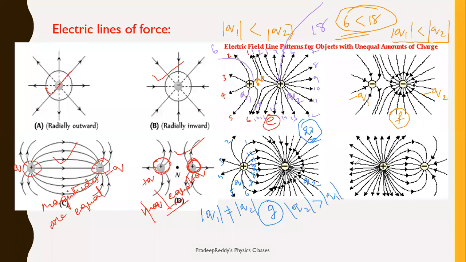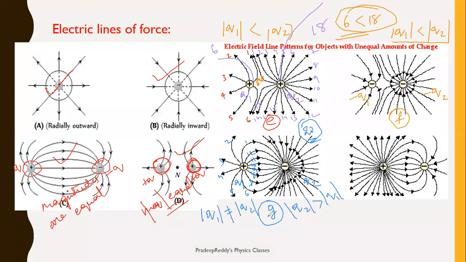And if the magnitudes are different and it is a positive and negative charge, you could not identify any null point between them. There is no null point between positive and negative charges, right? In between this positive and negative, there is no null point. You could clearly observe in figure G.